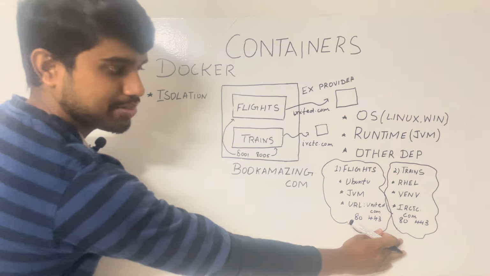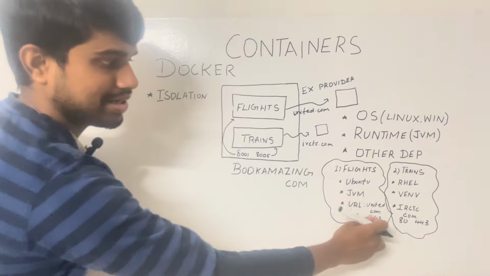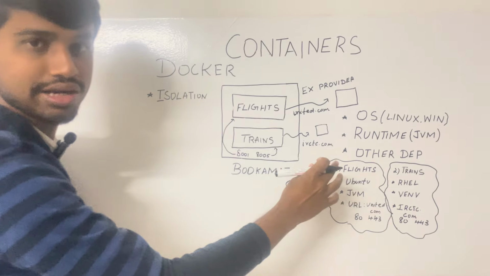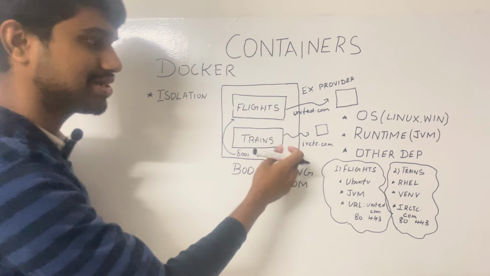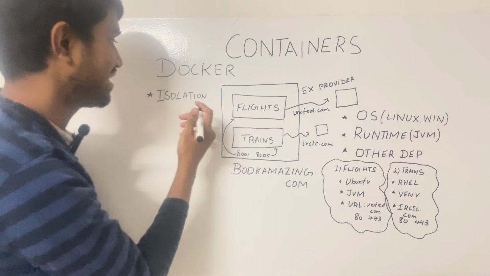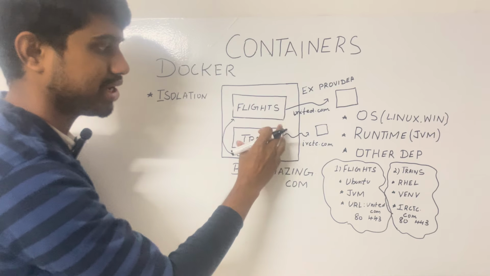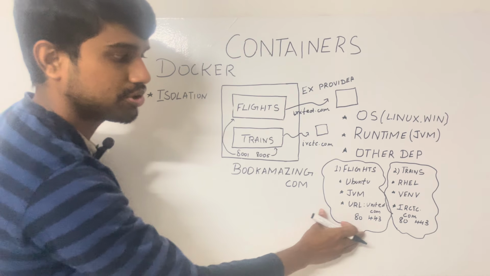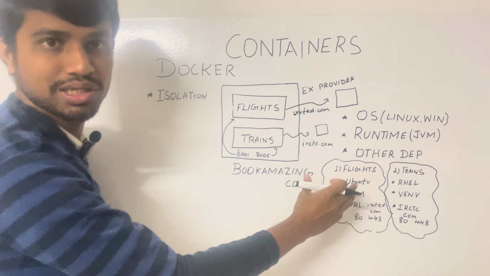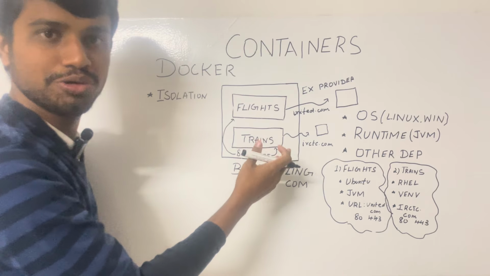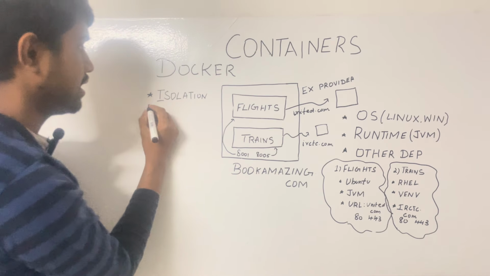So there is no relation between this container and this container, right? They run in their own world, but still they run on the same computer, so that you don't need to buy new computers or make a lot of adjustments so that they both run peacefully together. They run peacefully in their own world, but for you it is the same computer, right?